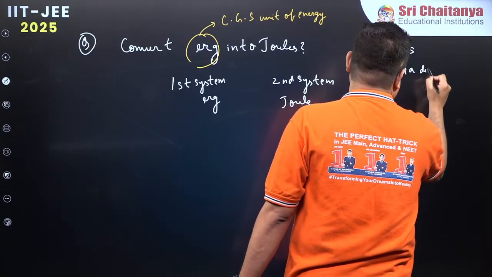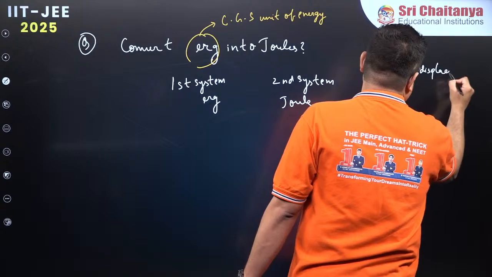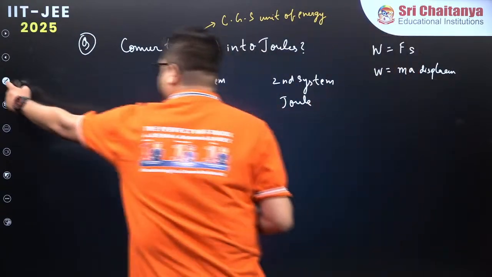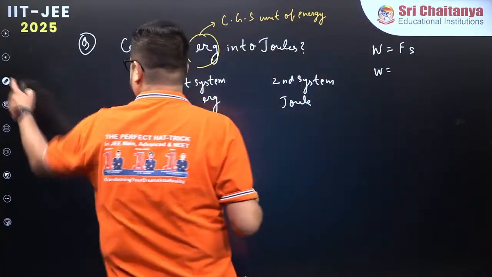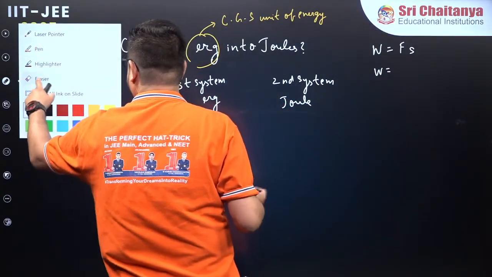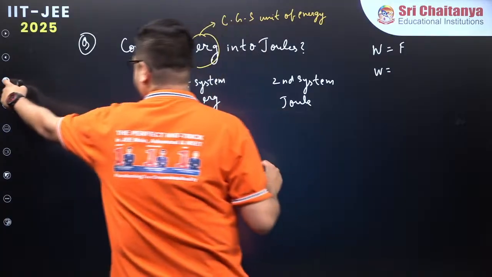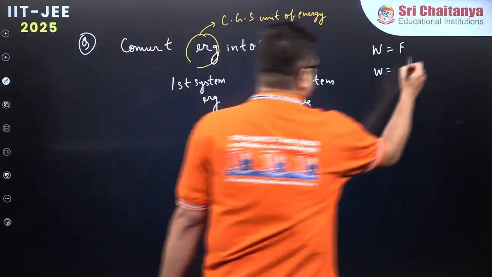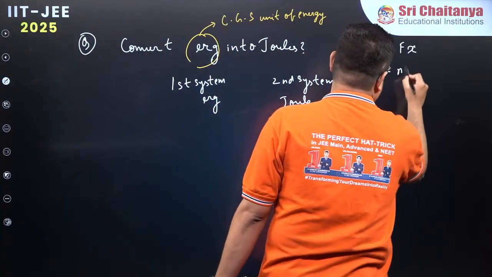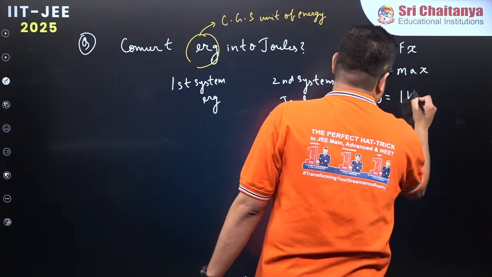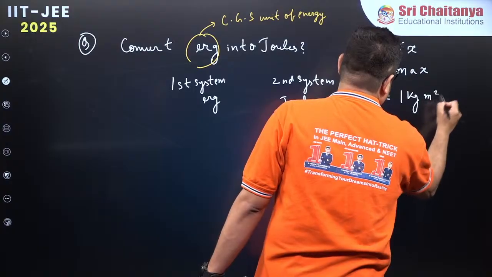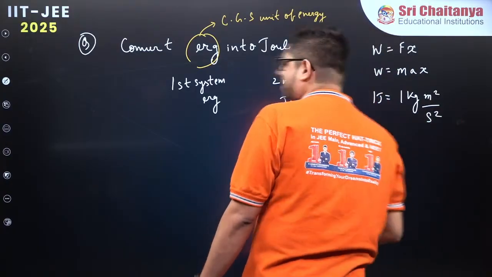Let me take x as displacement, it will be better for understanding. So f into x, x is a displacement, so I can write it as m a x. So 1 joule will be 1 kg meter square per second square.